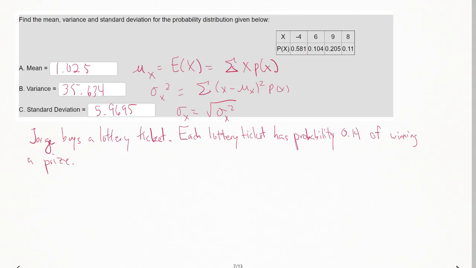So now after 4 days, and I'm assuming continuous playing here, what is the probability that Jorge has won at least one prize?